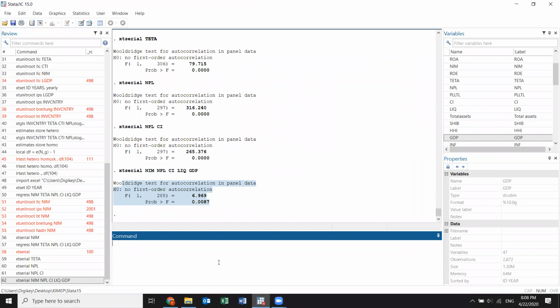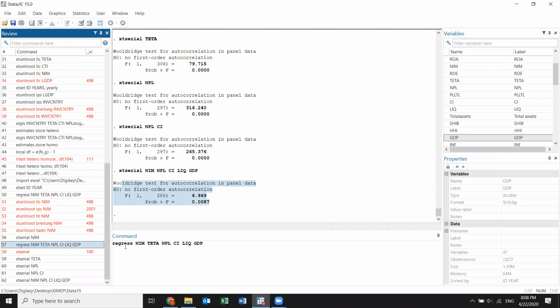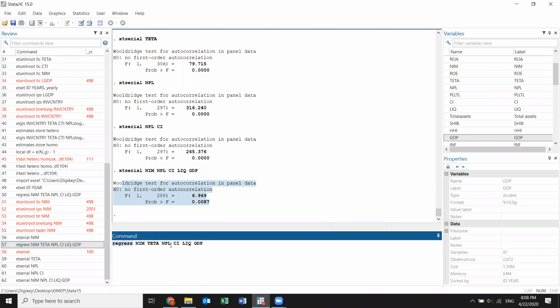XTGLS. First of all, let me type it here. This is my model. XTGLS, this is the command I'm typing. Comma, igls panels, open the bracket, hetero, close the bracket.